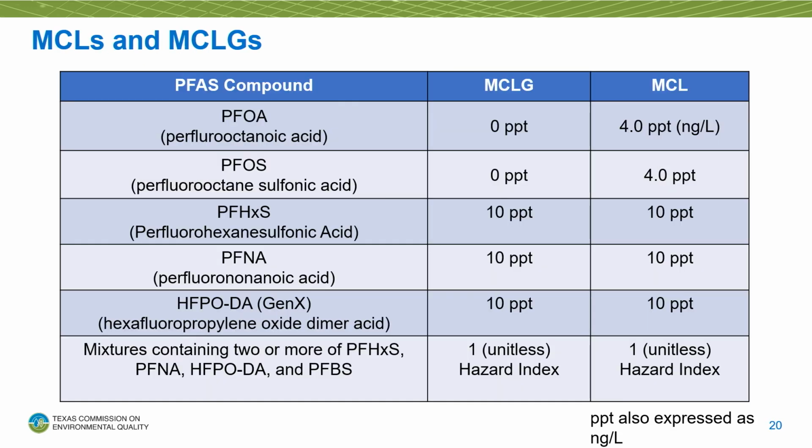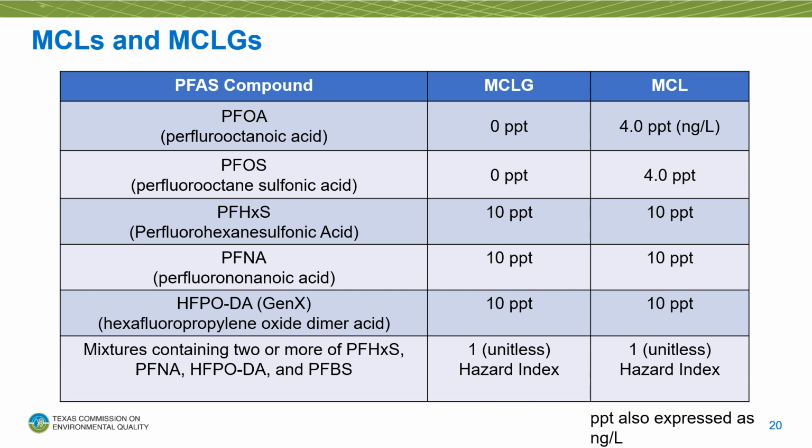So for the MCL and MCLG, you can see that for PFOA and PFOS, the MCLG is 0, and then the set MCL for those is 4 parts per trillion, or nanograms per liter. So yeah, that's PFOA and PFOS.